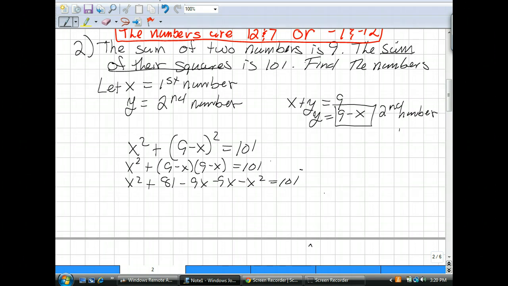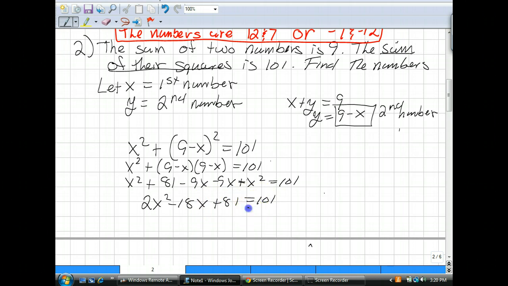Oops, I made a mistake. This should be a plus x squared, because negative x times negative x is a positive x squared. So collect like terms: we have 2x squared minus 18x plus 81 equals 101.